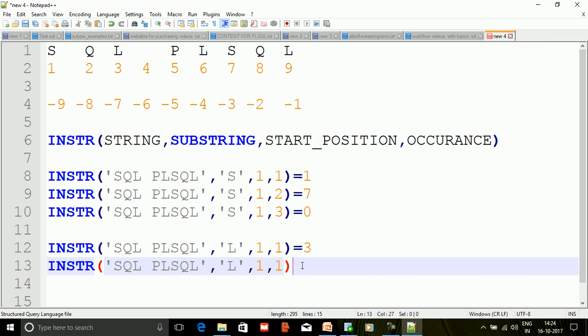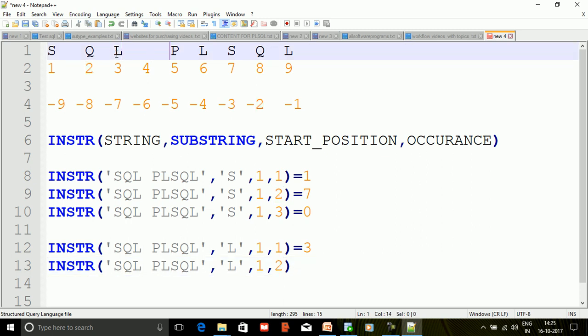Next we will go for the same letter. I want to find out the second occurrence of the given letter. So the engine starts here. This is the total string, among which you want to find the location of the L, and you are asking the engine to start from position number 1. And what occurrence are you asking? When it occurs the second time, I want the position of the L. So let us check. The first letter is not L, the second letter is not L, the third letter is L, but you have given occurrence 2, so it will not return 3.